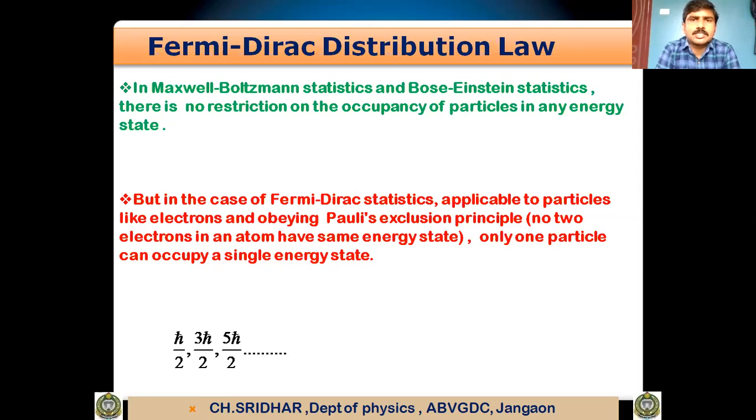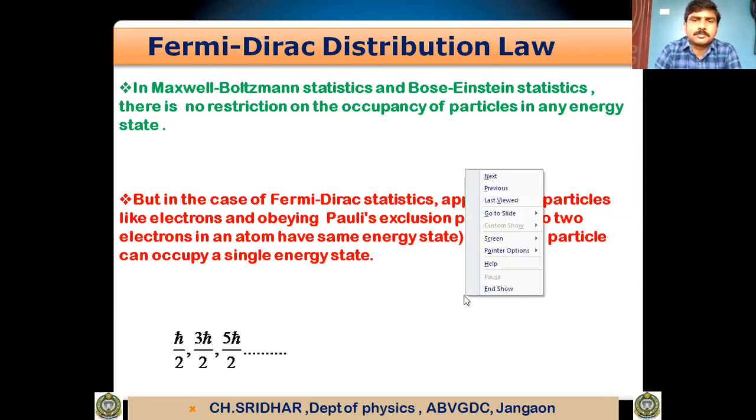Whereas in the case of Bose-Einstein statistics, one cell or one energy state may have the total number of particles, or it may have zero particles, that means it may even be empty. But in the case of Fermi-Dirac statistics, one energy state should contain only one particle, obeying the Pauli's exclusion principle. According to Pauli's exclusion principle, no two electrons in an atom have the same energy state.